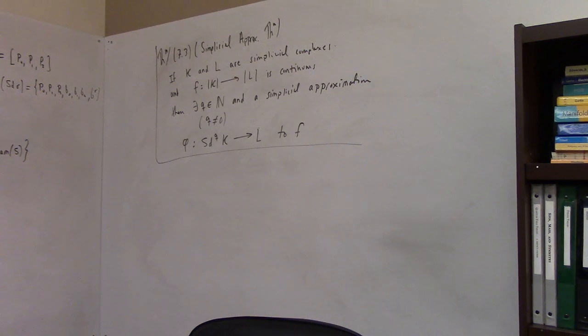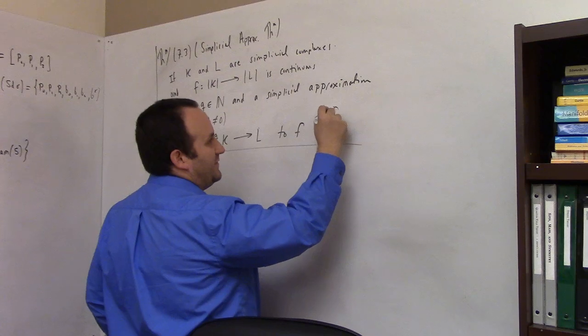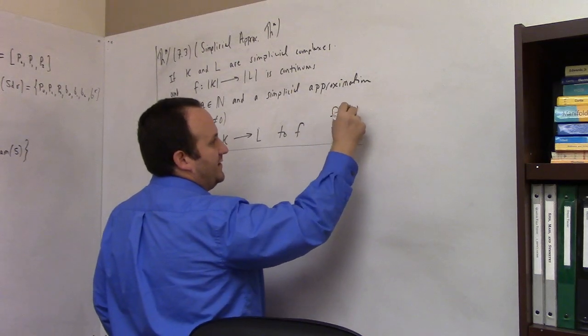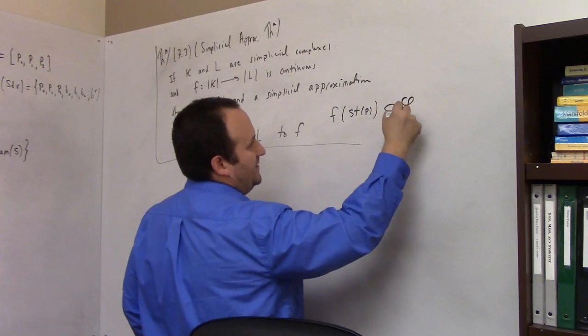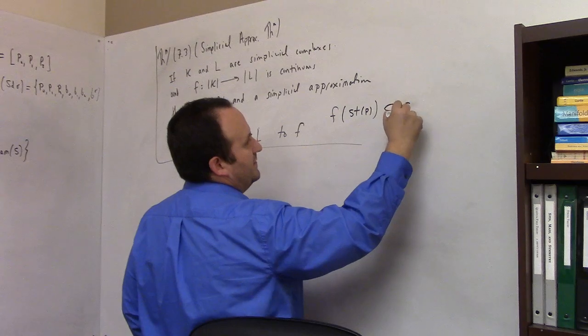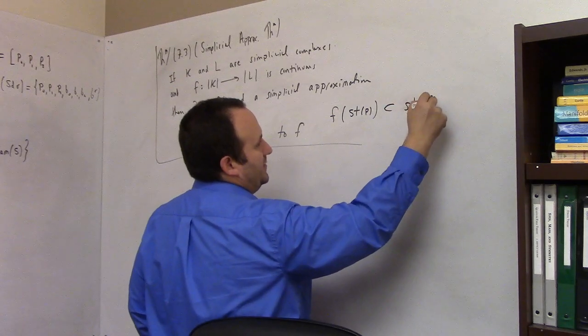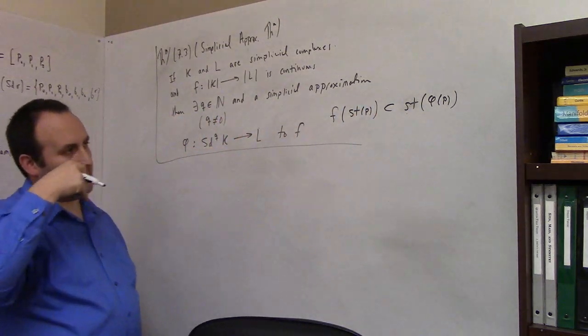So it's kind of a funny relation, right? It's like F of the star at P, subset of the star of the approximating map. It's funny.